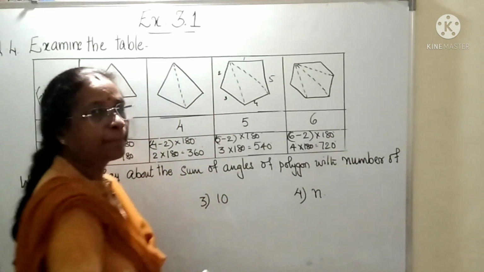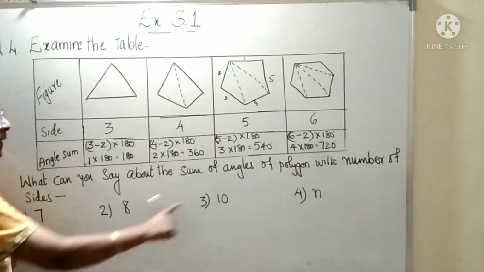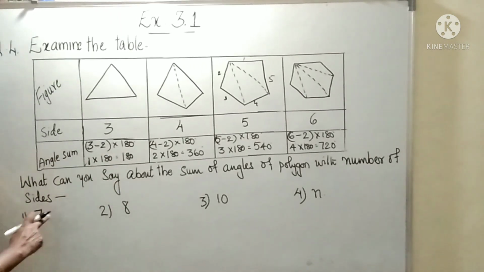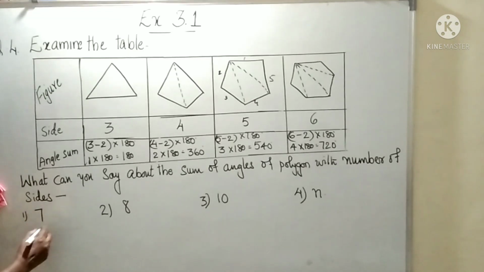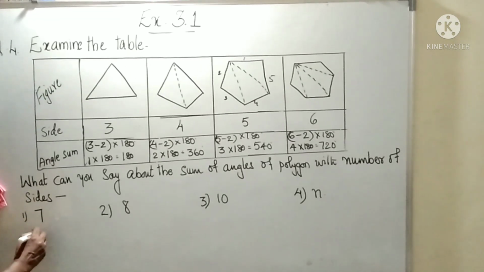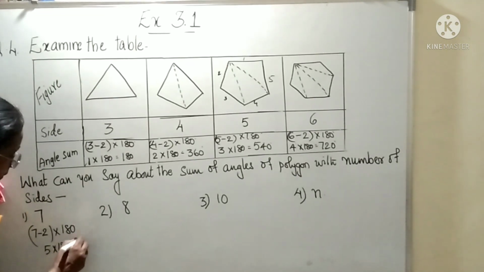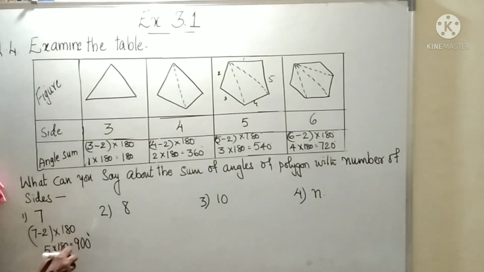720 degree. Now you have to find out the sum of angles of polygons with 7 sides. When there are 7 sides, how many it will be? 7 minus 2 into 180. That is 5 into 180. 5 into 180 will be 900.